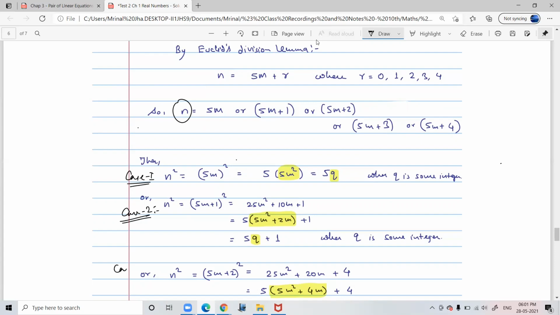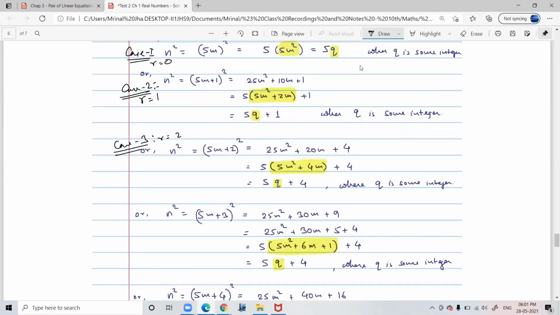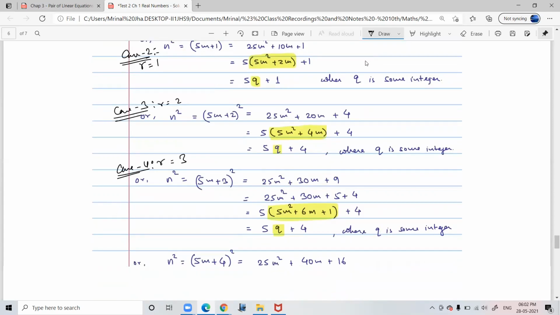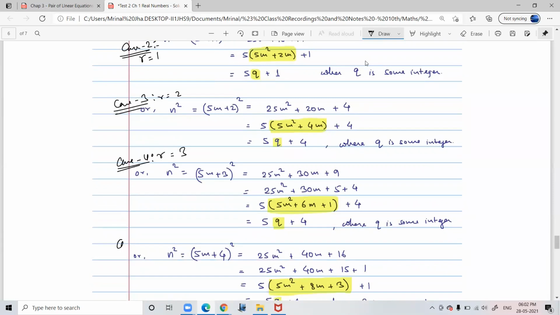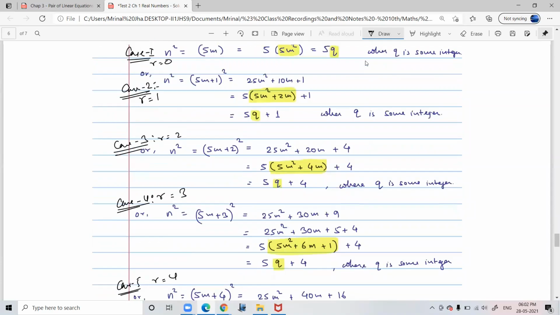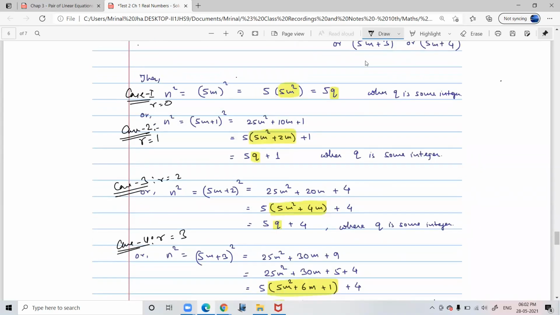This is your case 3, in which r is equal to 2. Then this one is your case 4, r is equal to 3 this time. And this is the final case, case 5, where the r value is 4. So for all these different values of r, we show that when we do the square, it takes some other form. We have done these calculations many times, right?